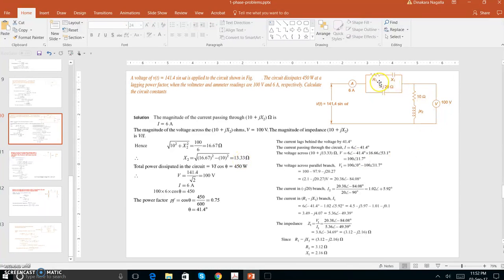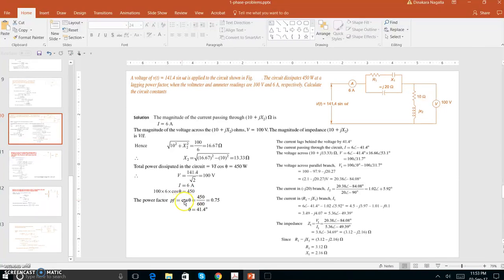Okay, next we need to find the values of R1 and jX1, which can be computed from the effective power dissipation of the circuit. It is given that the power dissipation is at lagging power factor.